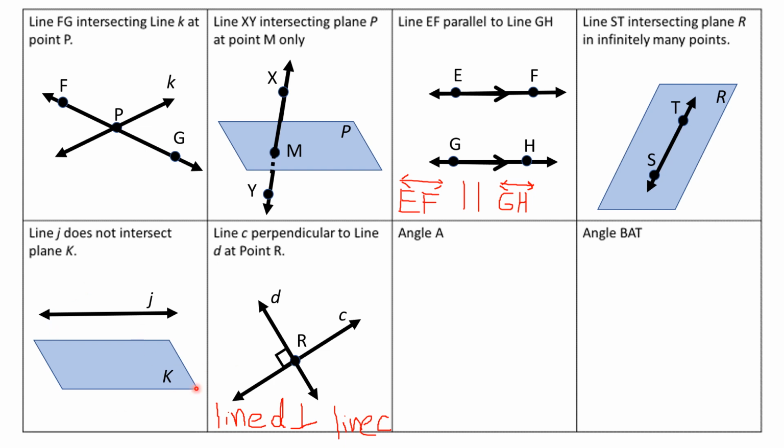Just as a little add-on to this, if we were to maybe draw a line in this plane, notice that the line in our plane and the line above the plane never intersect.